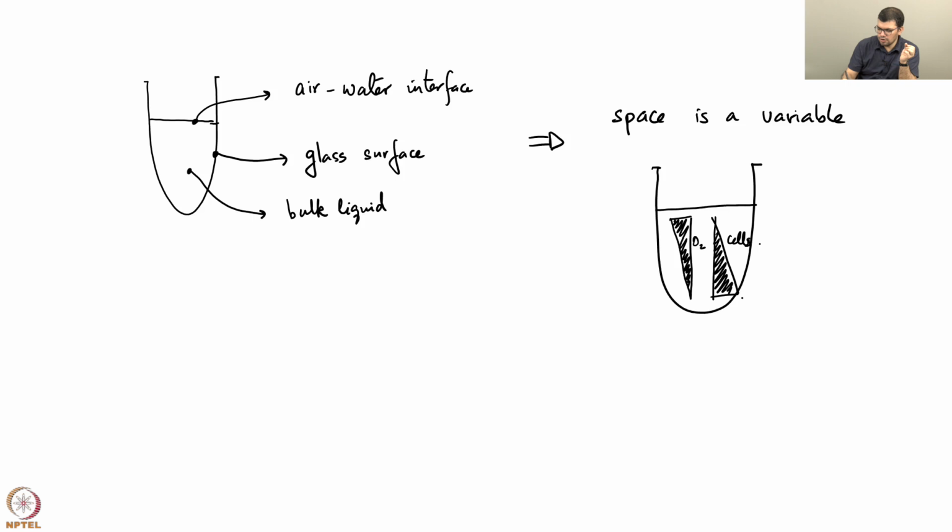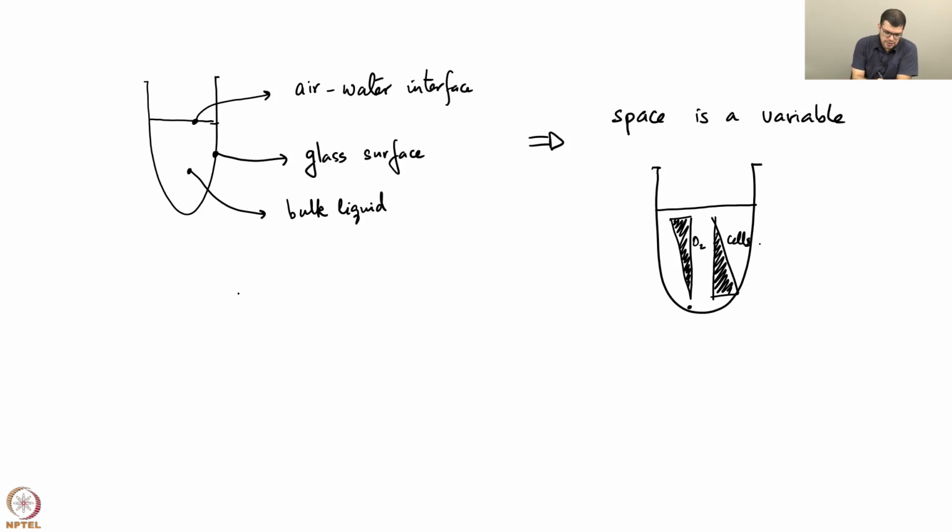My coordinates, my location, if I am a cell in this tube, the environment that I am facing is a function of my coordinates inside this tube. That will not be the case if this test tube was well mixed.